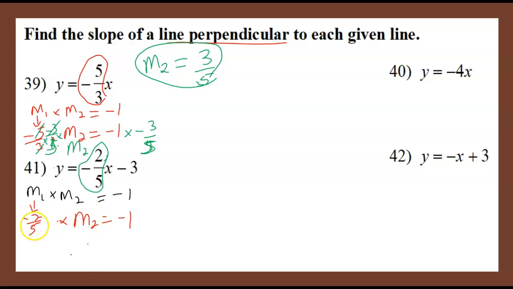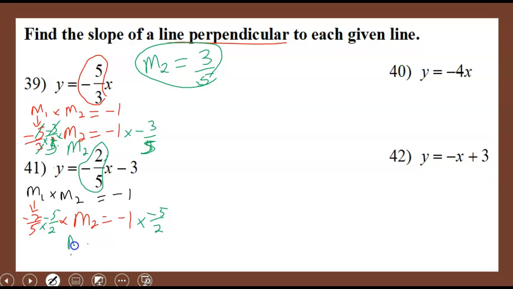We're going to multiply by the reciprocal, which is negative 5 over 2. So we flip it. Whatever we do to one side of the equation, we do to the other. So this will cross out, 5, 5, 2, 2, and negative times negative is positive.